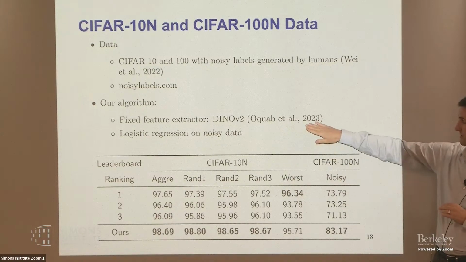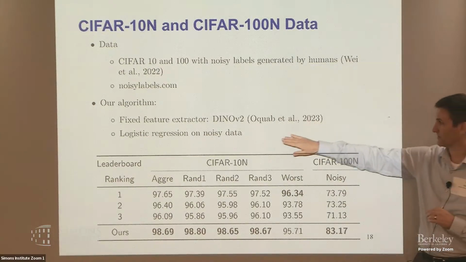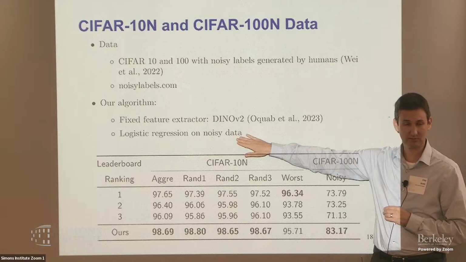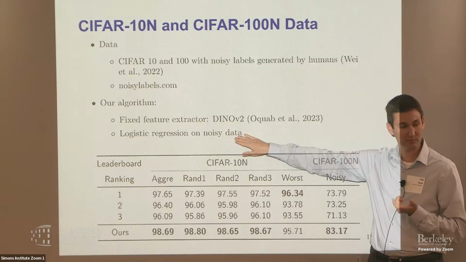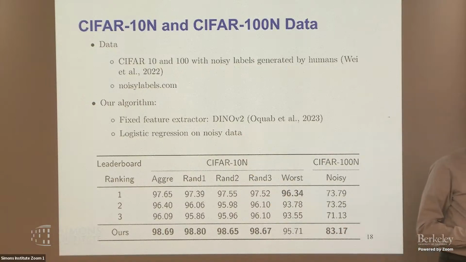We just use that as our feature extractor, and then we fit a logistic regression on those features, training on the noisy data. In other words, ERM with a linear model and the logistic loss. We ran it, and it worked surprisingly well.